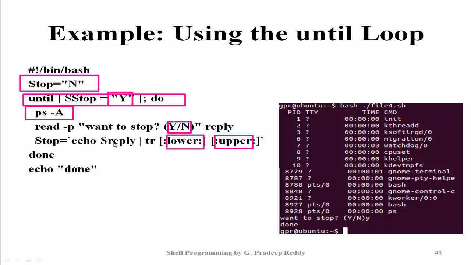Then it is going to check the condition. If you have pressed yes in order to stop, then it is going to show output done and exit from the program. Otherwise, if you press no, n, then it is going to list out all the processes once again.